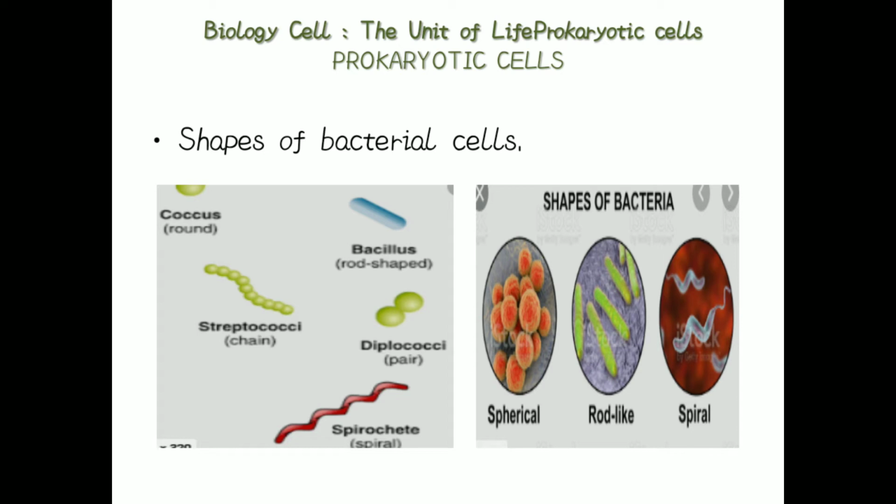The shape of the bacterial cells may vary. It may be spherical shape, we call it a coccus shape. It may be cylindrical shape, that is the bacillus bacteria. It may be spiral shape also. So the shape may vary according to the species of the bacterial cell.